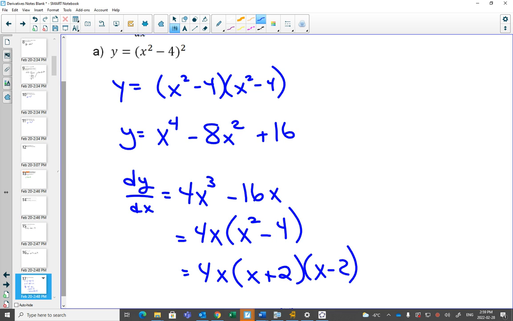So yes, you can bring out a 4x, but where do you see the 4x to come out of here? Is it because of this 4? Is it because of this 2 and this 2? Where does it come from? Well, it's a negative 8x squared when we see it here. But the question is if we used a new rule to go from here to here, how would we see it?